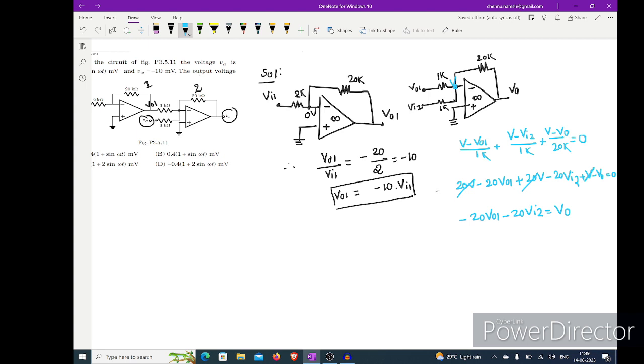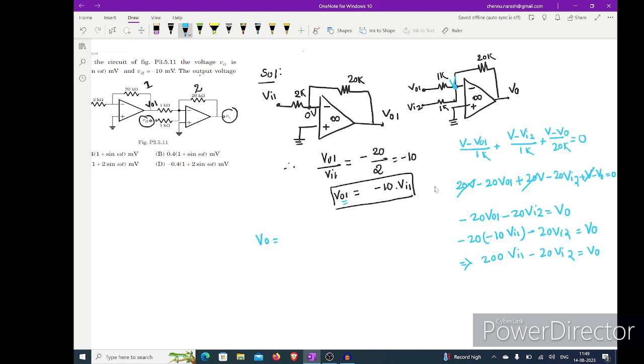So from the output of the first one we substitute here: minus 20 times V01 equals minus 20 times minus 10 Vi1. So this is what we want, and minus 20 Vi2 gives V0. So here it is 200 Vi1 minus 20 Vi2 equal to V0. Now we'll substitute the values.